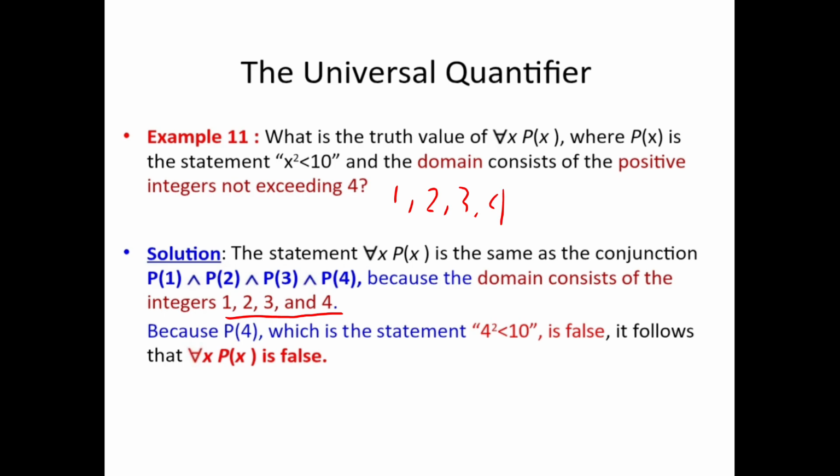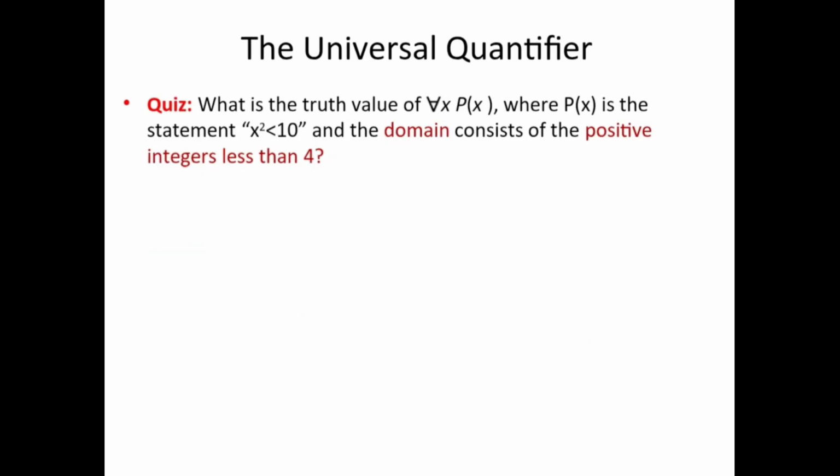So, because P4, the statement 4 squared is less than 10, is false because 16 less than 10, mas dako sa gayud ang 16. So, nahimo siya na false. It follows that for all x of p of x is false.